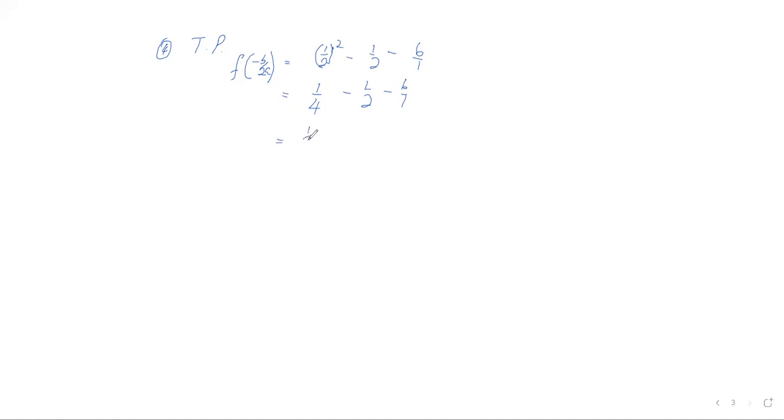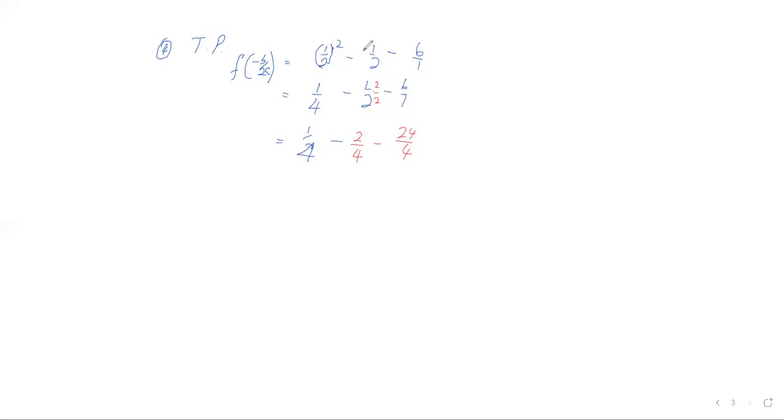This is 1 over 4 minus a half. I'll multiply here by 2, and here by 2, and I will get 2 over 4. And this 6 can be 24 over 4.